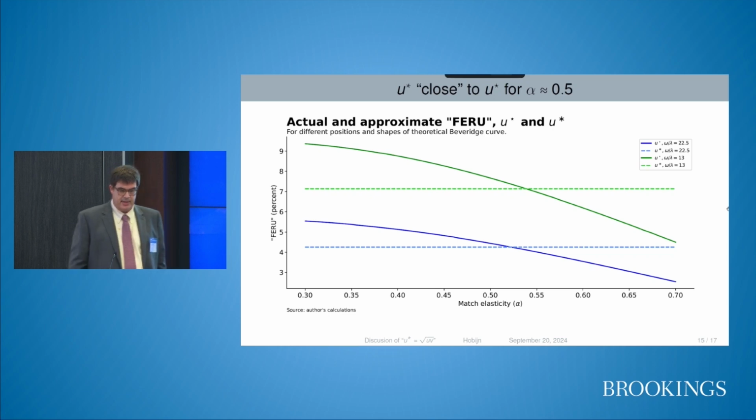The shape is given by the match elasticity. Close to a match elasticity of 0.5, the approximate solution with the approximate Beveridge curve they use is actually close to the solution you'd get with the functional form I would use. There's a 0.3 of a percentage point difference.